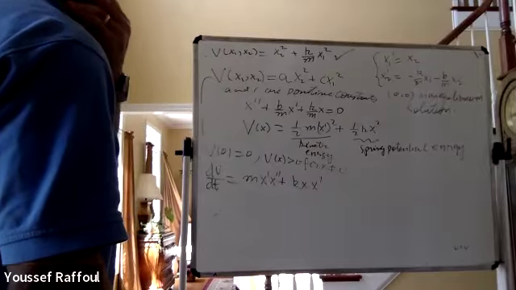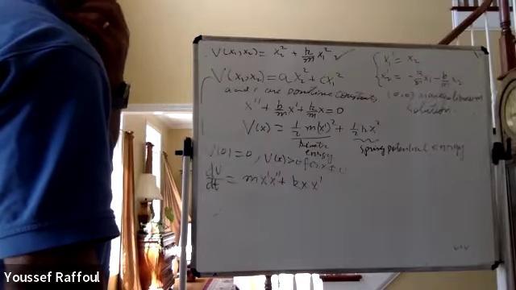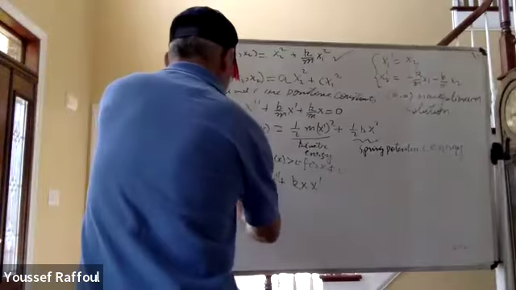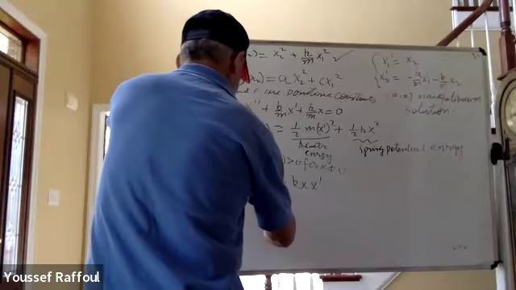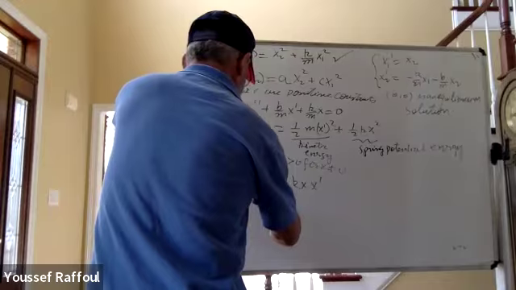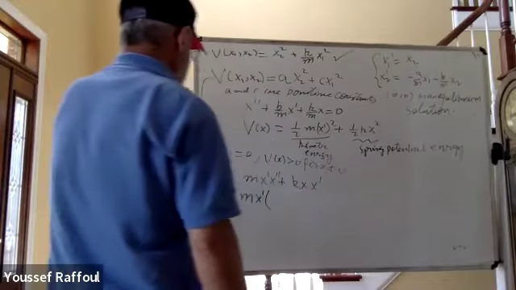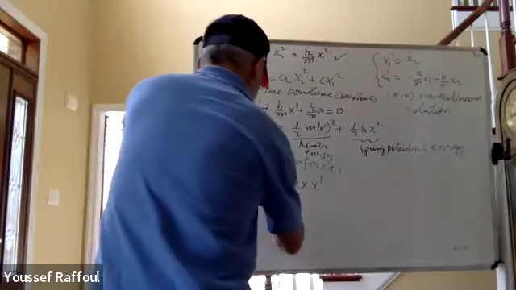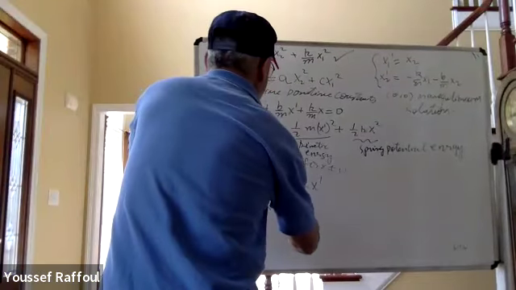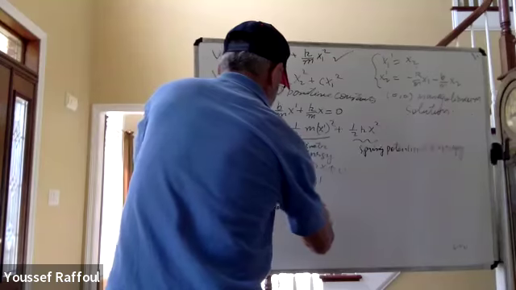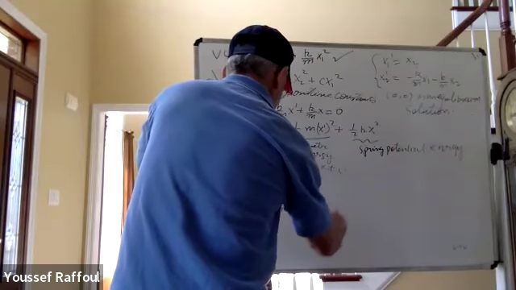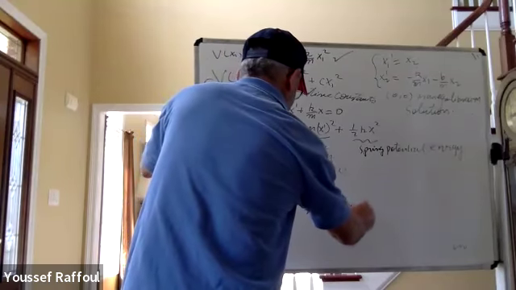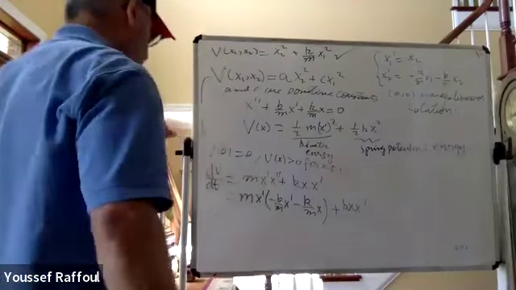All right, so what is x double prime? That is m x prime times x double prime. X double prime is minus b over m x prime minus k over m x plus k x prime.